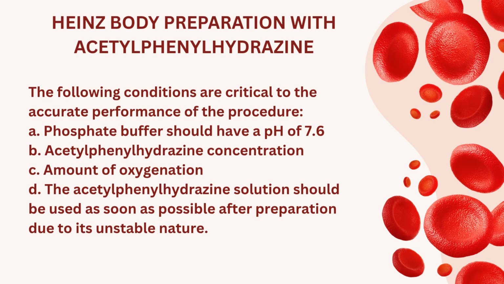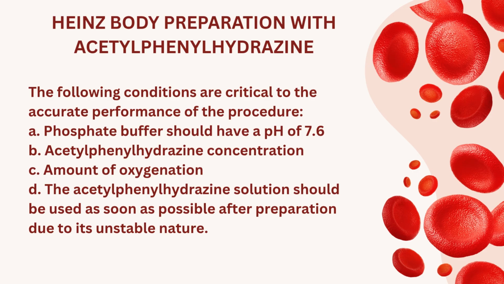So the following conditions are critical to the accurate performance of the procedure. The phosphate buffer should have a pH of 7.6. At an increased pH, there will be faster development of Heinz bodies, while a decreased pH slows down Heinz body formation.